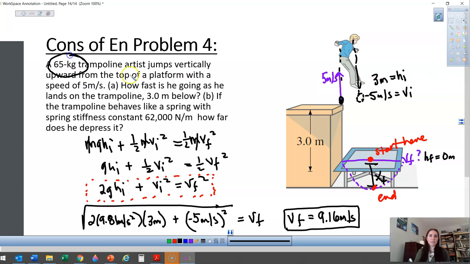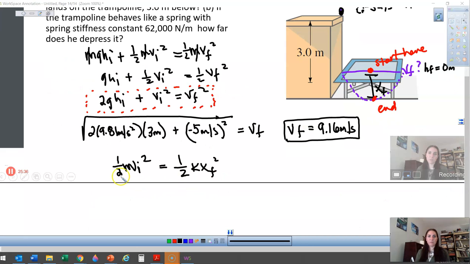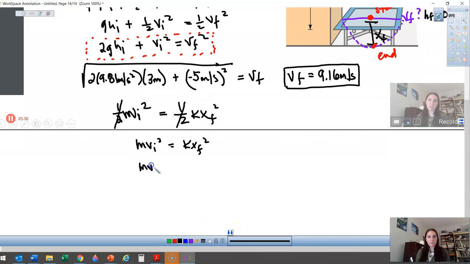Notice that this doesn't cancel the mass, which is why we're given it. So that's very important. What can cancel is the 1/2. That's kind of nice. m v_i squared equals k x_f squared, where k is our spring constant. So m v_i squared over k equals x final squared, the square root of all this equals x final.